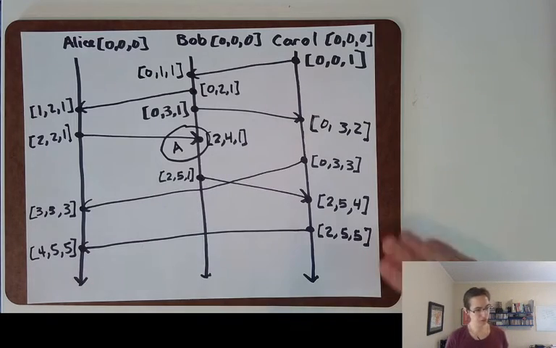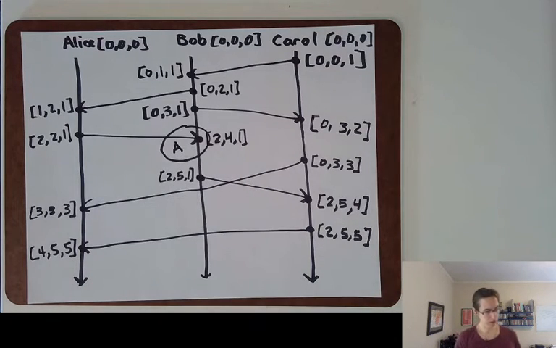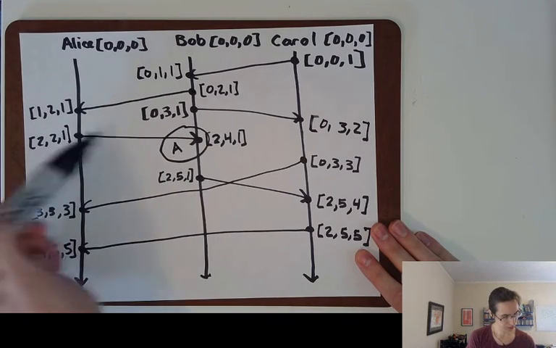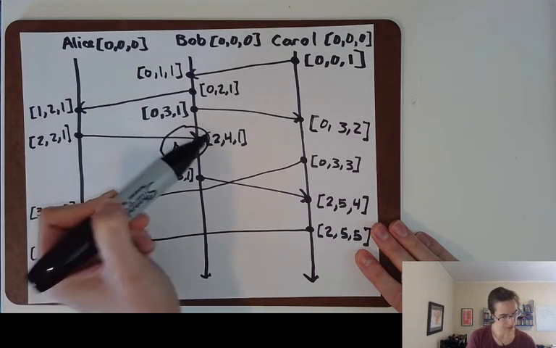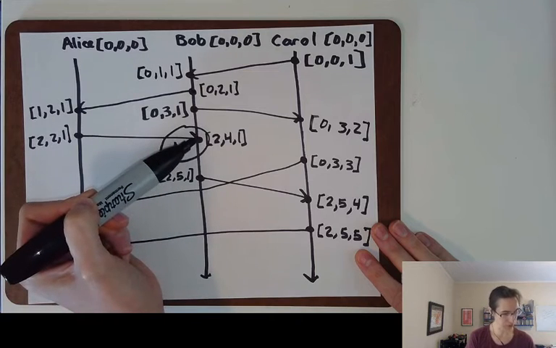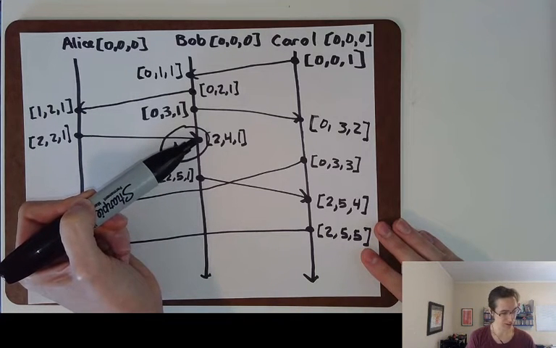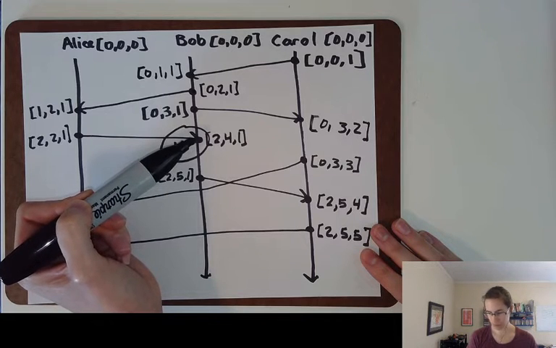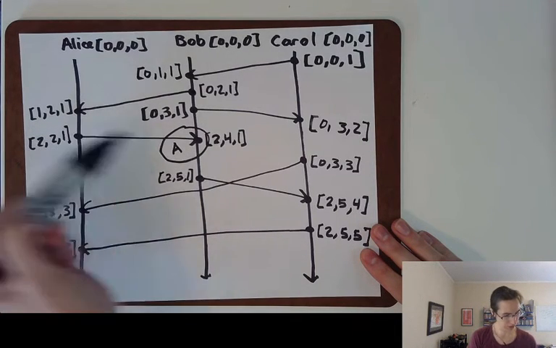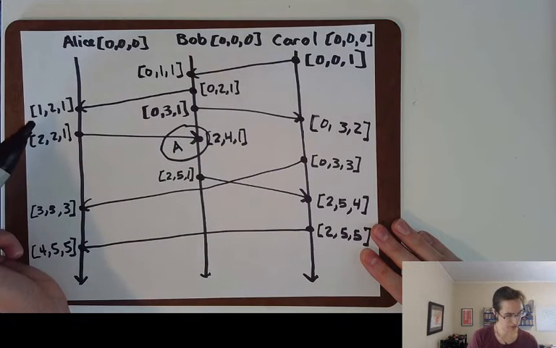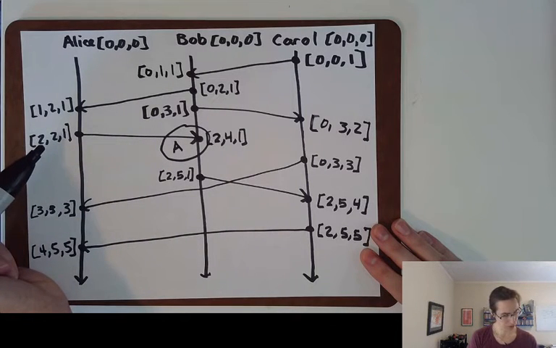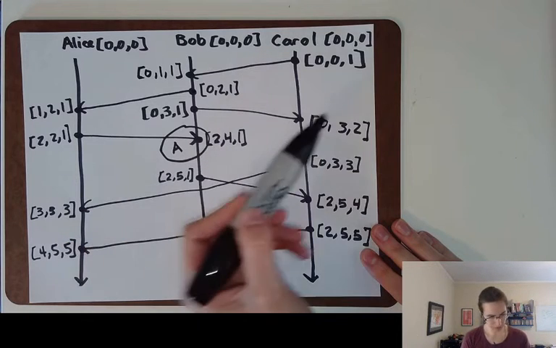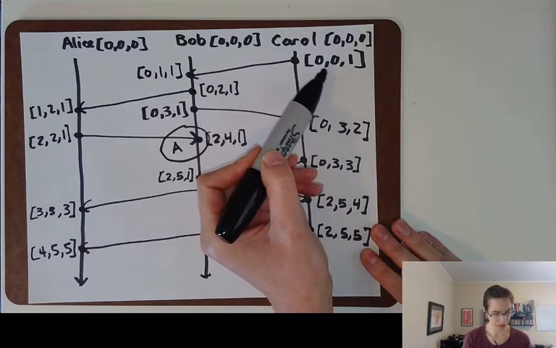Well, and what else is in its causal history? Well, there's these two events on Alice, right? They're in its causal history if we use our rule of thumb that causality is graph reachability. Then we can see that these two events are in the causal history of A. And if we look at those clocks, they're also less than the clock on A. And then there's this event back here on Carol with clock 0, 0, 1.